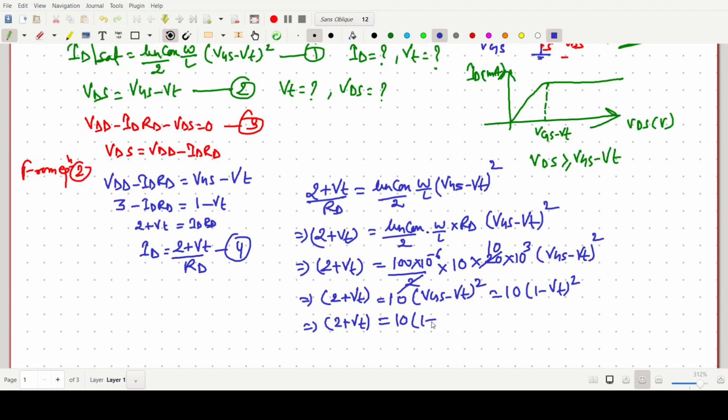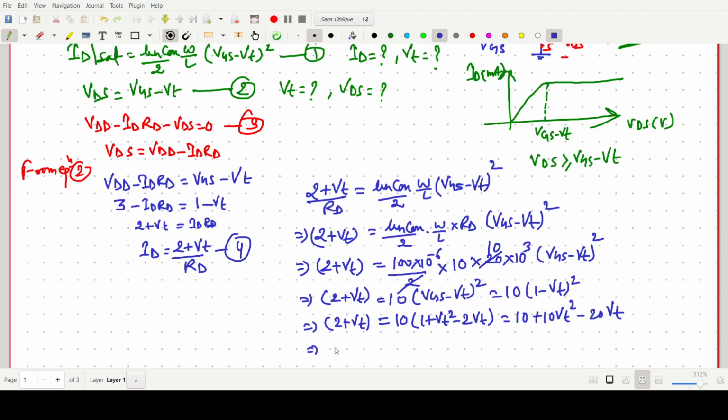Expanding (a minus b) whole square, we get 1 plus Vt square minus 2 Vt. So this becomes 10 plus 10 Vt square minus 20 Vt. We have to be very careful here.